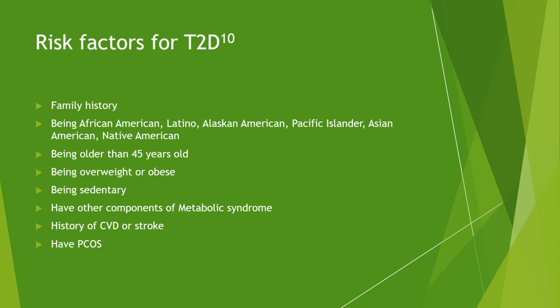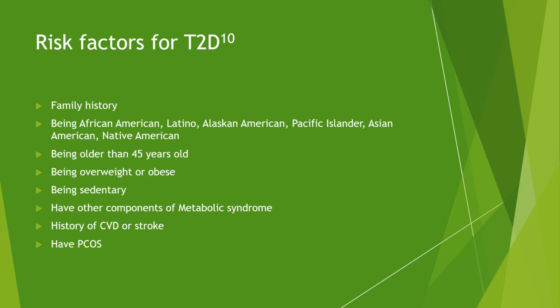Being older than 45 years old, a lot of that can be driven by behavior, increased feeding, being more sedentary than you were when you were younger. Being overweight and obese, clearly in a disease of energy excess, being overweight or obese is going to increase your risk. Being sedentary, because being sedentary increases your risk for muscular insulin resistance, which can help drive this twin cycle.